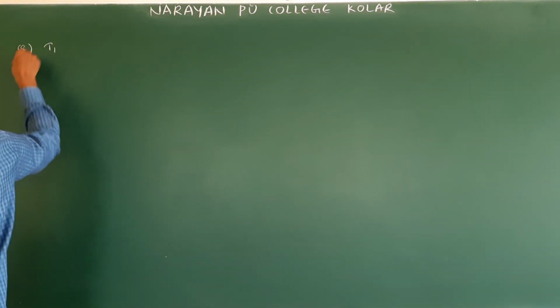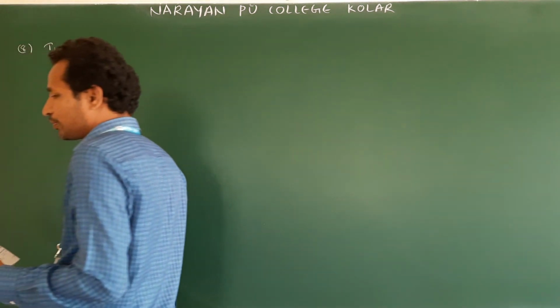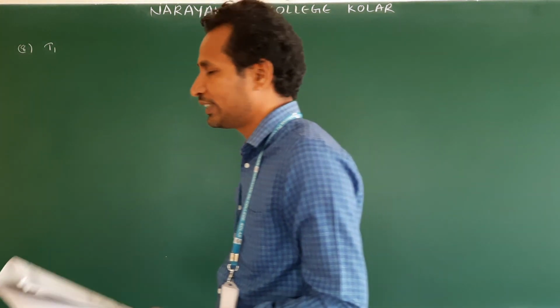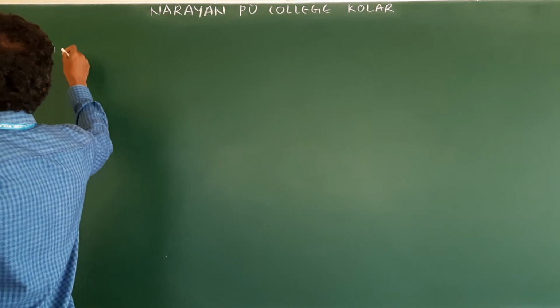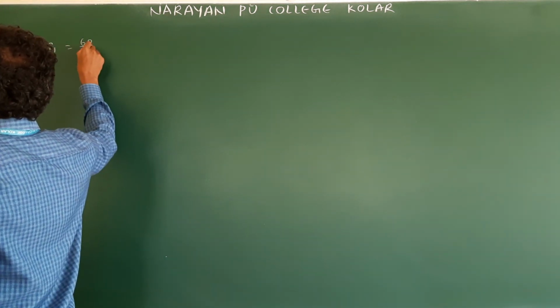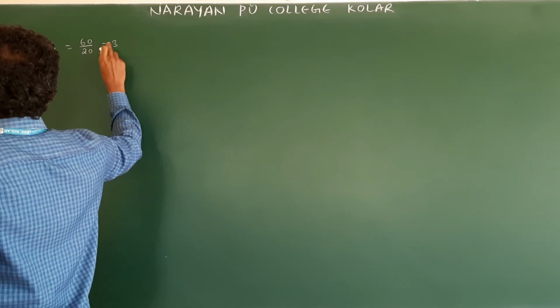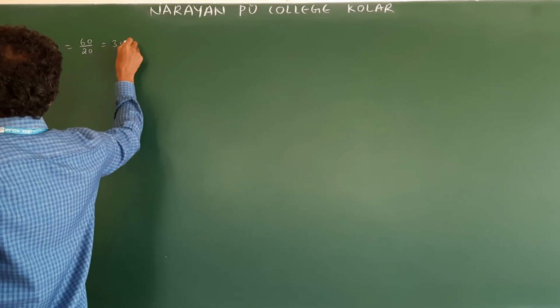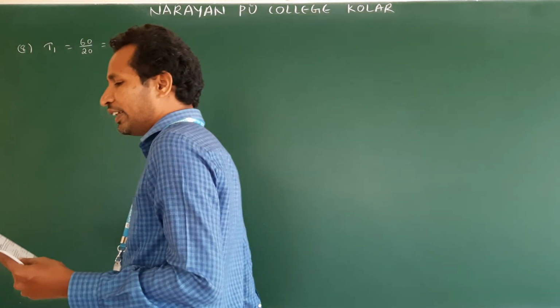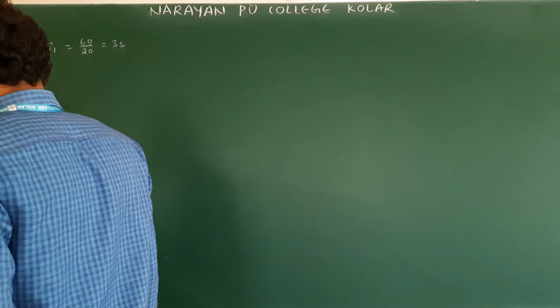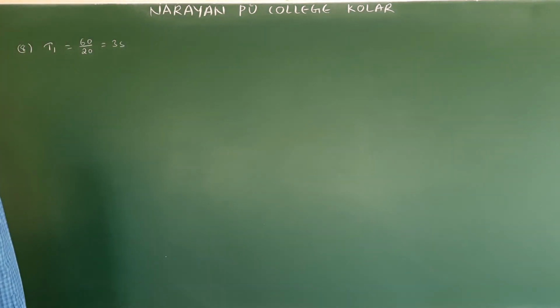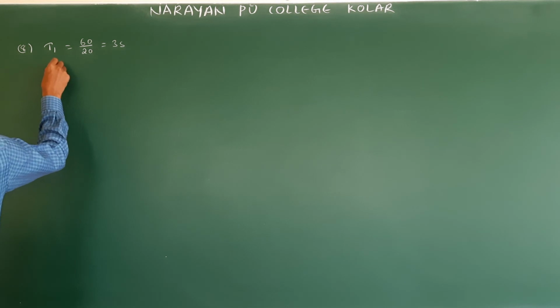T1 is given as 20 times per minute. Each oscillation, how do you calculate? 60 by 20. So 3 seconds per each oscillation. At this point, what is the earth's dip angle given? That is phi 1.